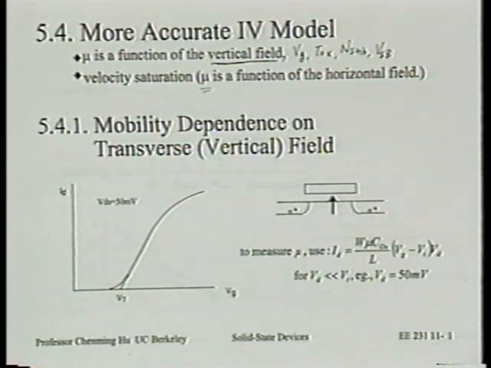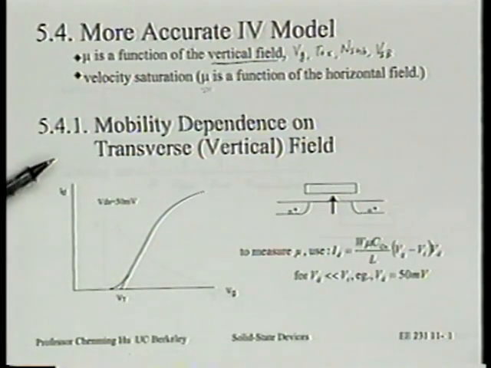As we increase the electric field between source and drain, mobility drops, in such a way that eventually velocity remains constant, does not increase with the increasing electric field anymore. And this is known as velocity saturation. All right? So we're going to work these two things into a refined IV model that's going to give us several 100% different result compared to the basic IV model.